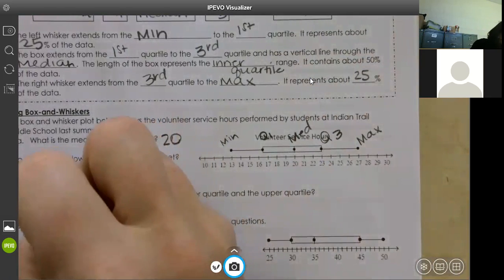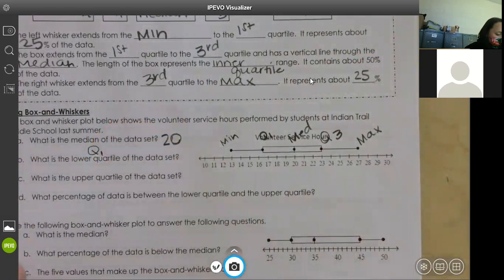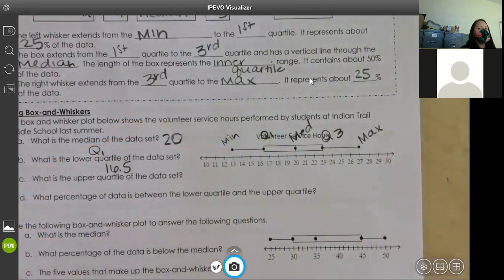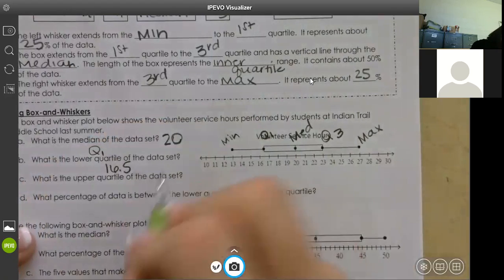So remember, lower quartile is Q1. Where is Q1 on the number line? Is it just 16? Looks like 16.5. Perfect. Somebody else, the upper quartile. Thank you.